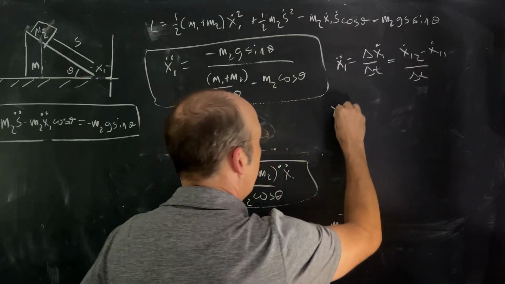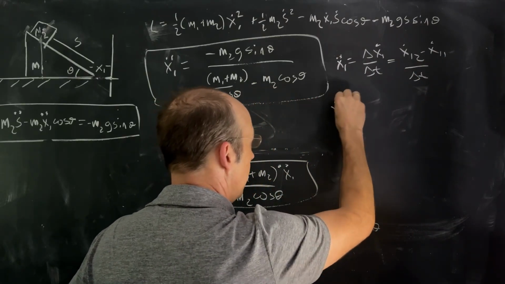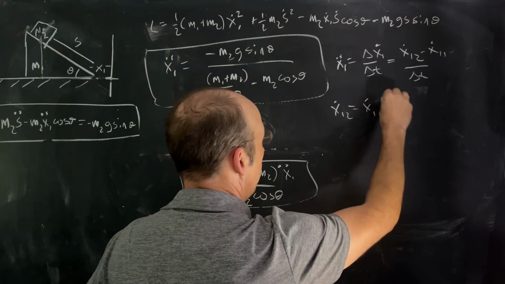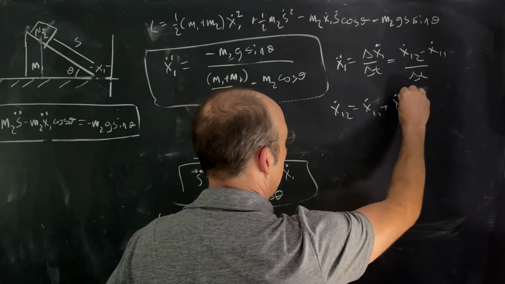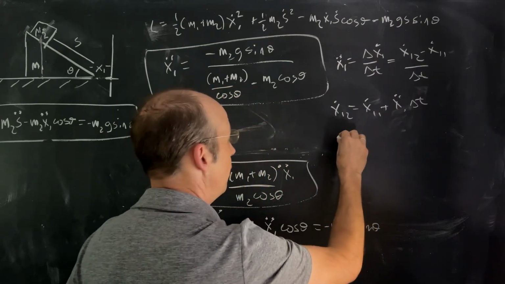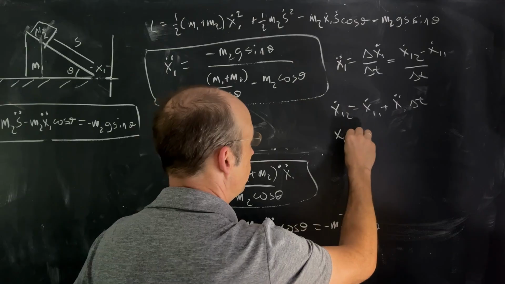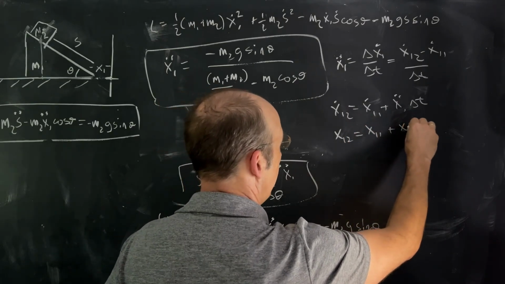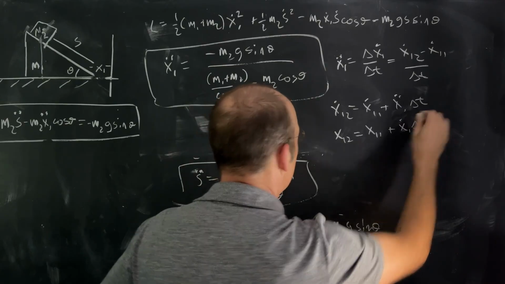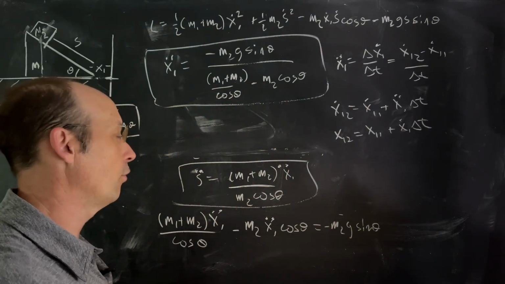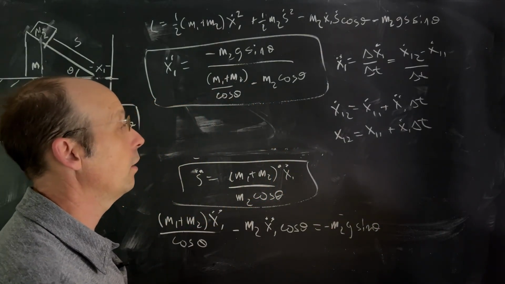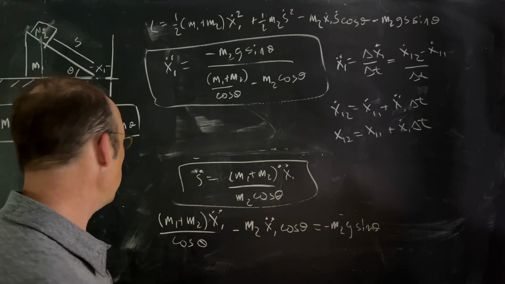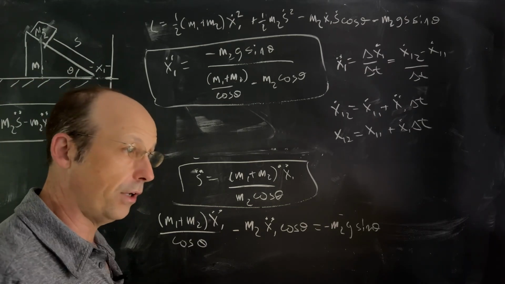So I can update x1 dot. x1 2 dot is x1 1 dot plus x1 double dot delta t. And then I can do the same thing for x1. x1 2 equals x1 1 plus x1 dot delta t. So it's something we've been doing before. Okay, our normal numerical calculation. Let's just jump in Python and see if we can get this thing to work.